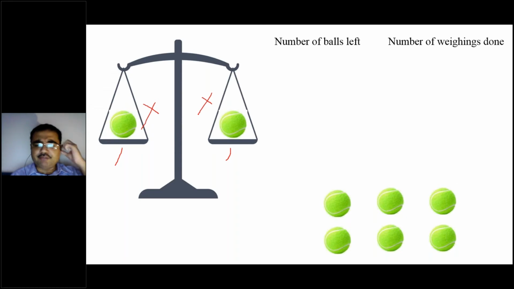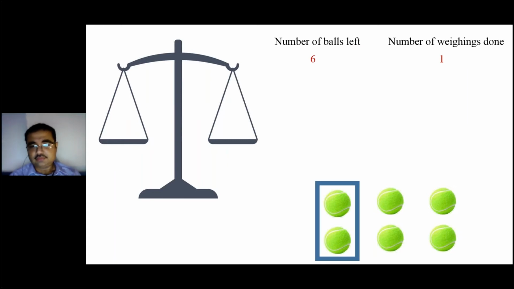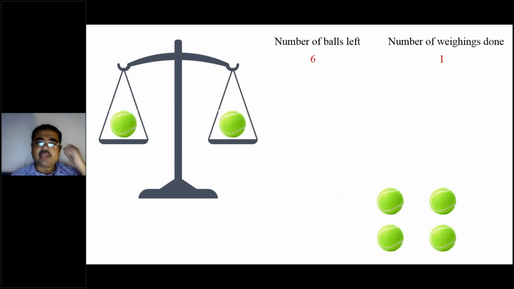You are left with 6 balls. I've got rid of those 2 balls. So 6 balls are left and the number of weighings done is 1 till now, but you could not detect yet. Let me see how many weighings you will need. I select the next 2 balls and put them into the weighing machine. Once again, to our disappointment, suppose these 2 balls weigh equal.